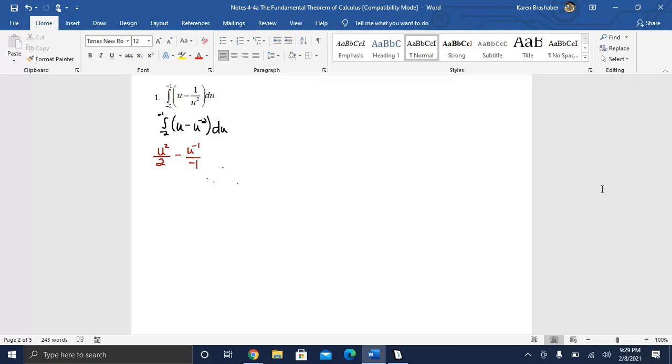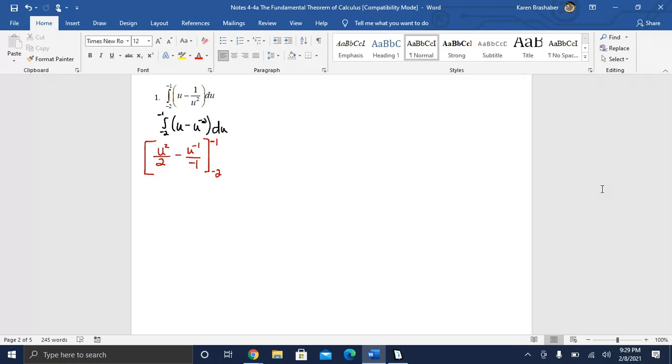Now here's where you in the past have put plus c, but now you're going to indicate that you'll be doing the fundamental theorem of calculus. And like I said, I use brackets. Sometimes you'll just see a line drawn, and you'll put your lower and your upper limit of integration.